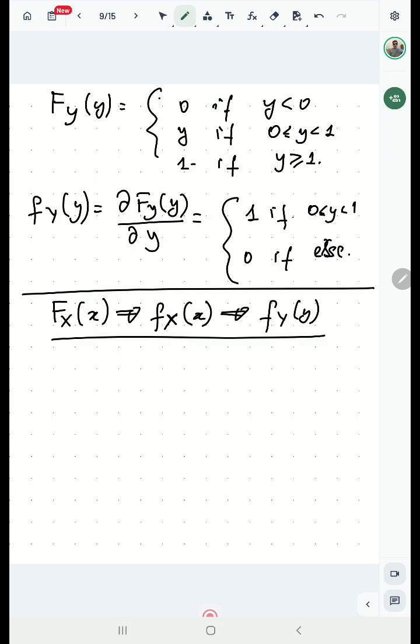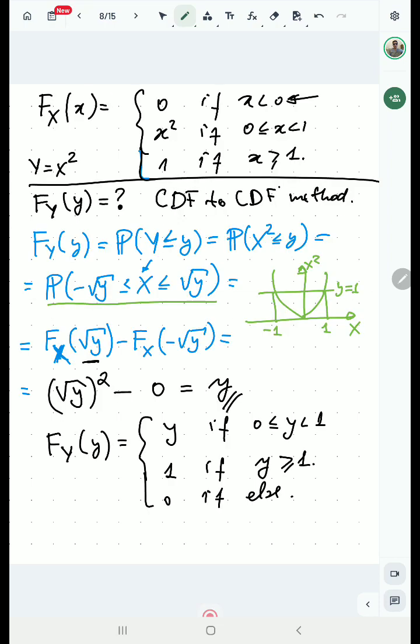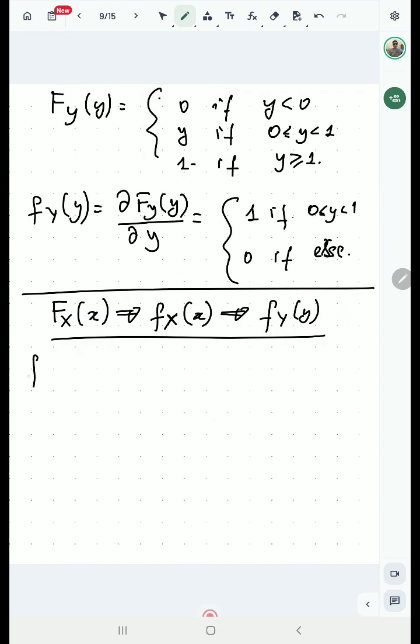So obviously, if Fx is equal to x squared, then the PDF of x is going to be equal to the derivative of this, so it's 2x if x is between 0 and 1, and 0 otherwise.